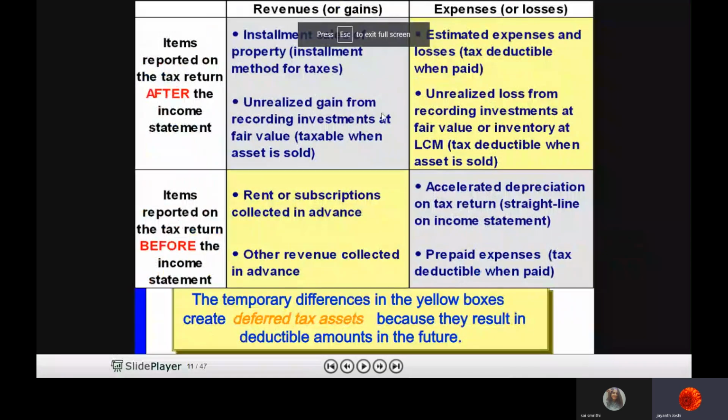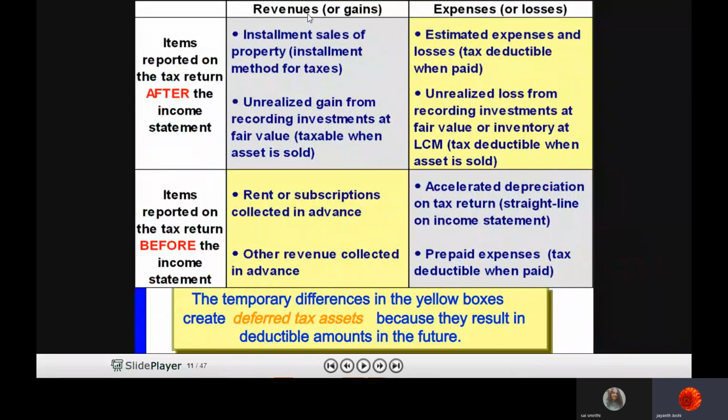So now you should understand what I am going to explain here. These are revenues or gains. These are expenses or losses. So if I speak about installment sales, what happens in installment sales?